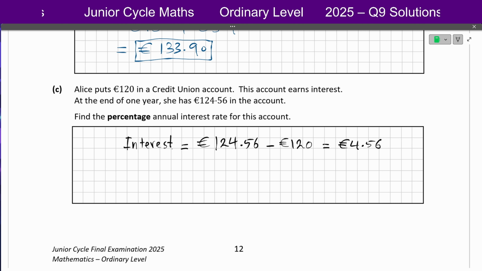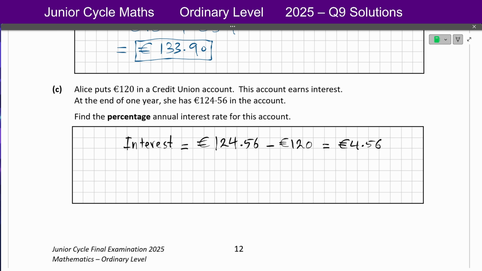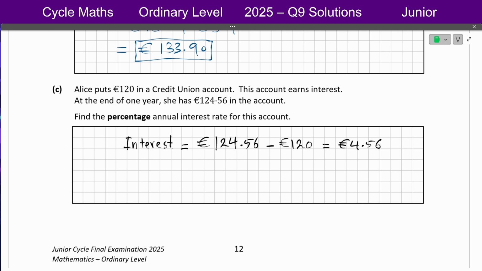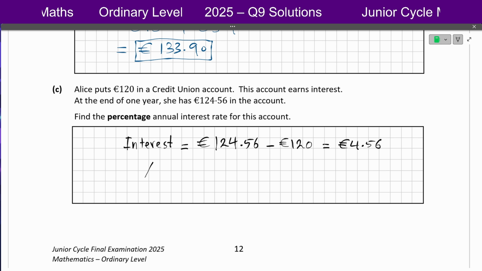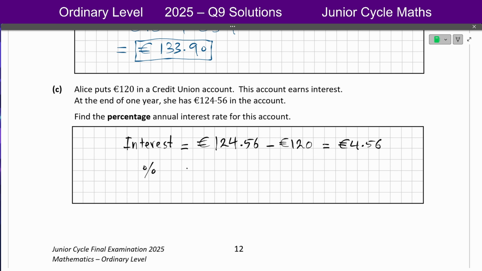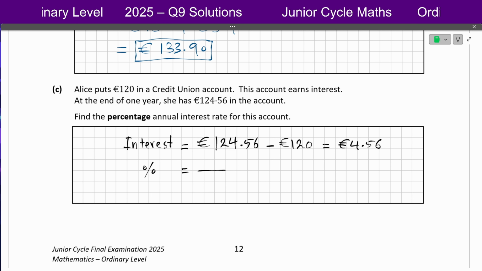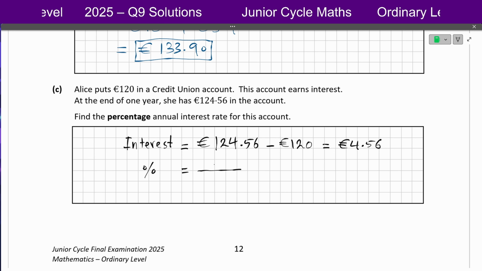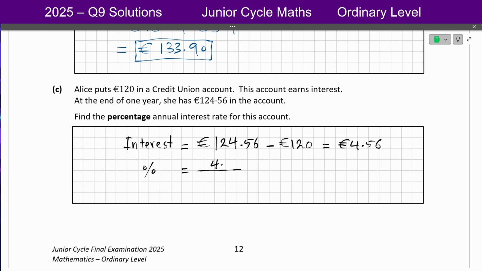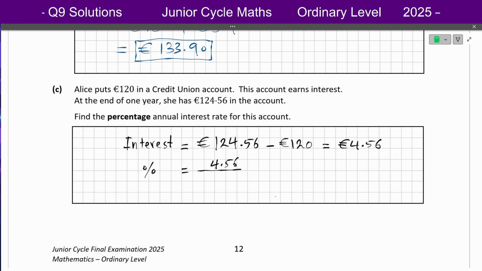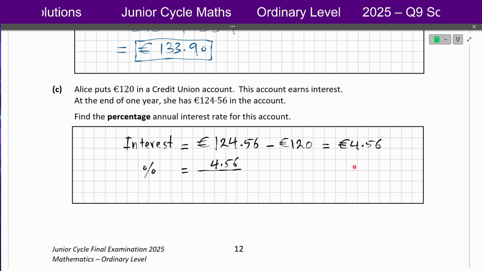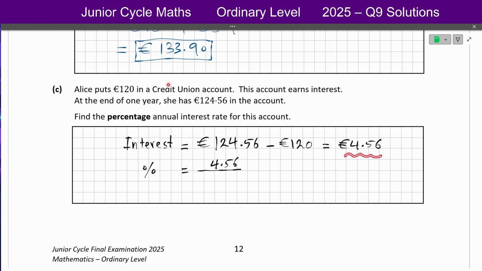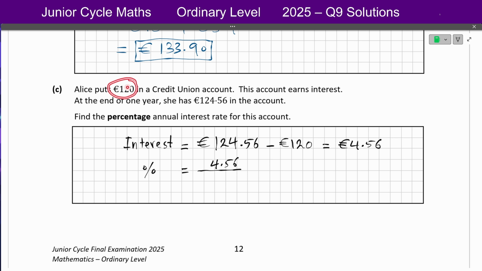Now to compute the percentage, we use the fraction form. We say percentage equals the total amount of interest, which is 4.56, out of the 120 euros.